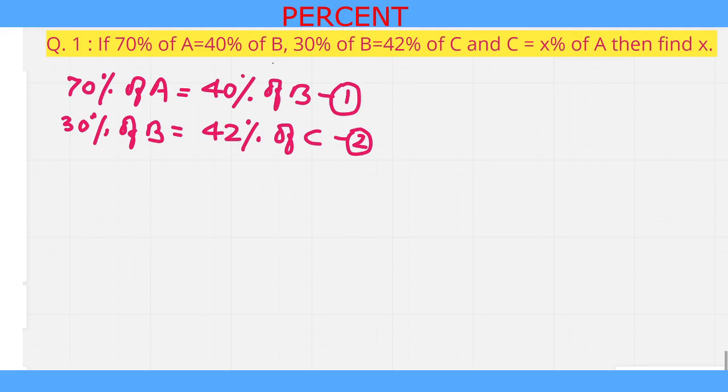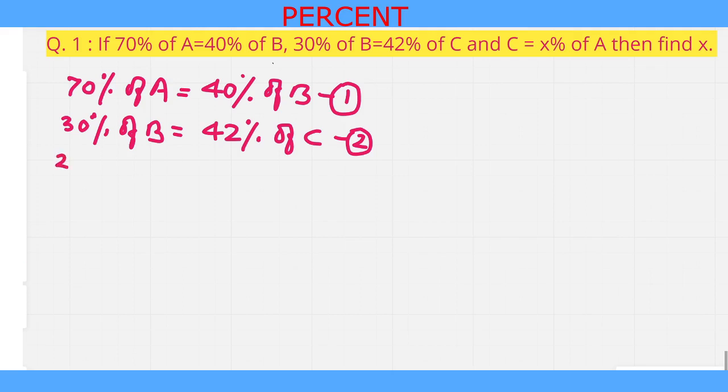So we observe that in first equation 40% of B and in second equation 30% of B. If we have to make 30% equal to 40%, then we will have to multiply the equation 2 by 4 upon 3.